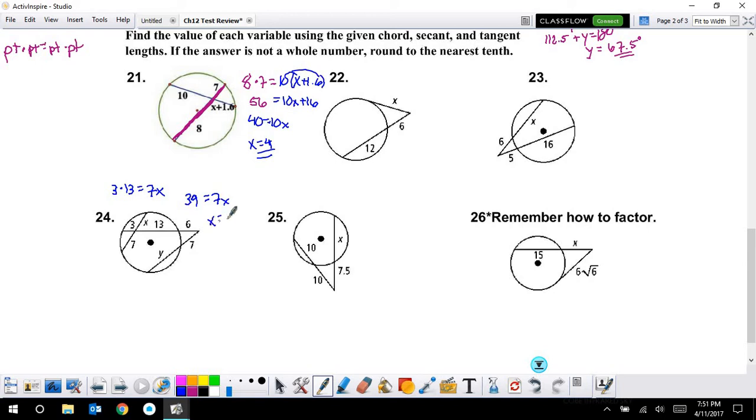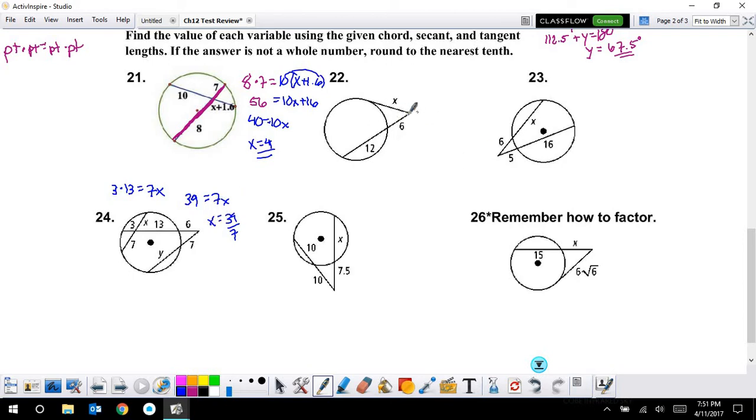So x is going to be 39/7. And that decimal, when you divide out, it is 5 point something. A little bit more than 5.5. Not sure what the decimal is there.